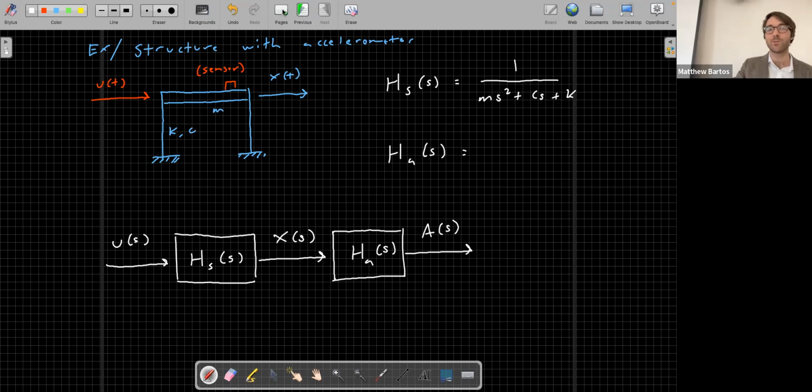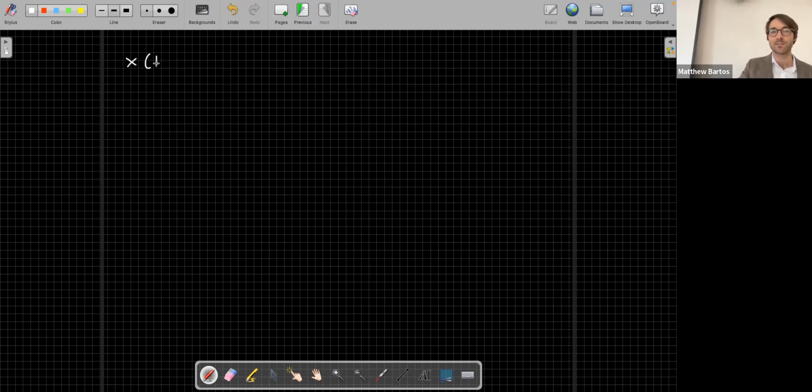Okay, so we want to go from displacement to the acceleration, right? What is X of t in the frequency domain? X of s. And what is X double dot of t in the frequency domain?